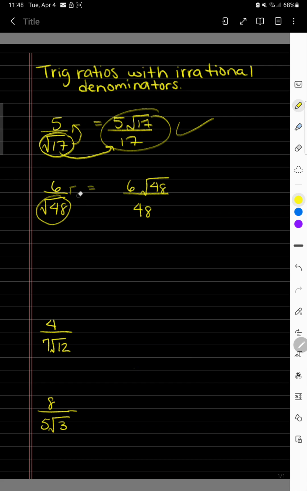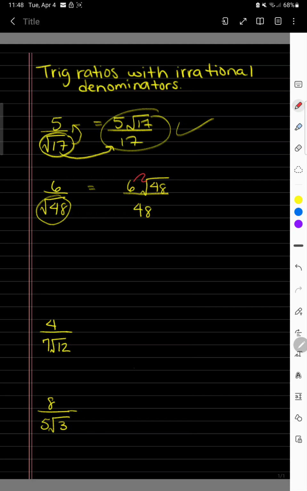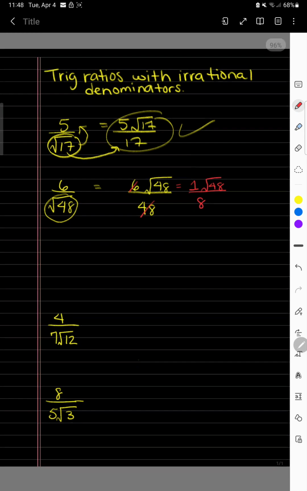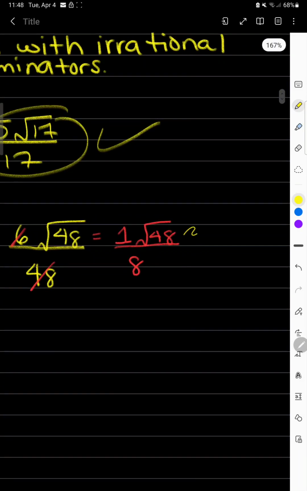So right here, I can already break down 6 and 48. 6 and 48 share a 6. If I do 6 divided by 6, that's 1 square root of 48 over 8. And then now I can break down my 48, which we did earlier.